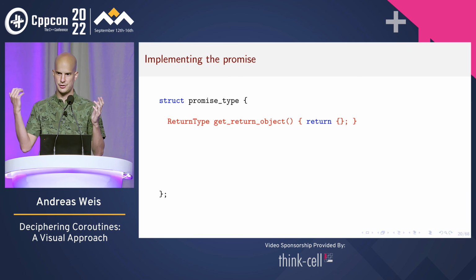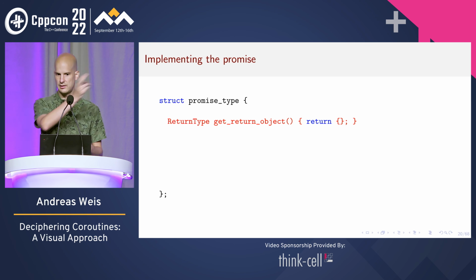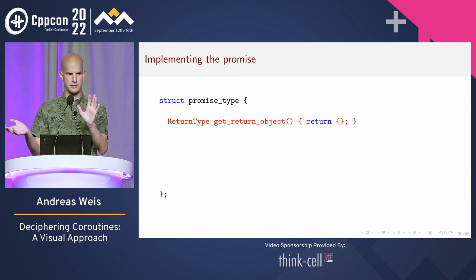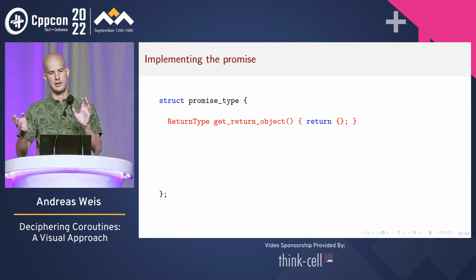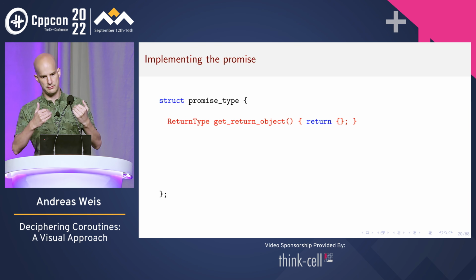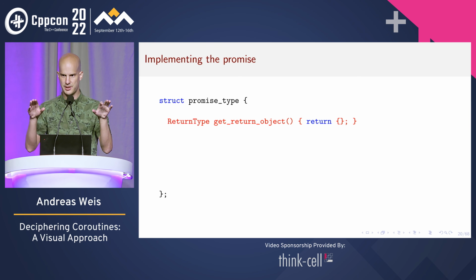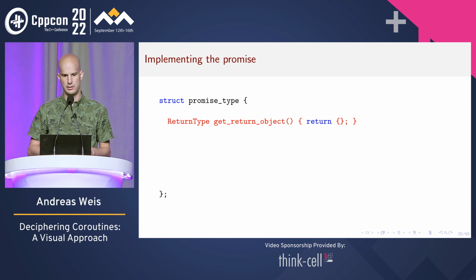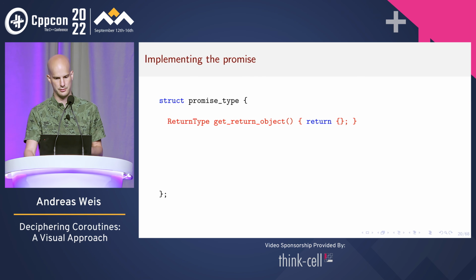So like in the Fibonacci generator, this Fibo generator object, that's where it would get constructed. And then the compiler will just store that away in a magical place. You won't see that in the source code anywhere. But when the coroutine reaches its first suspension point and control flow is returned back to the caller, then the caller will receive this object as the return.